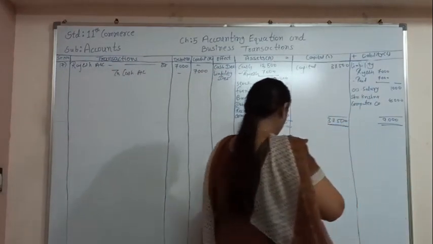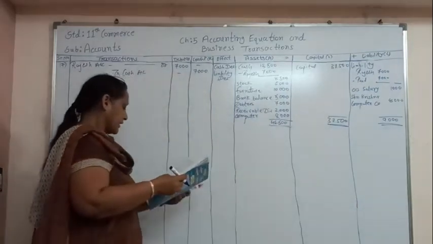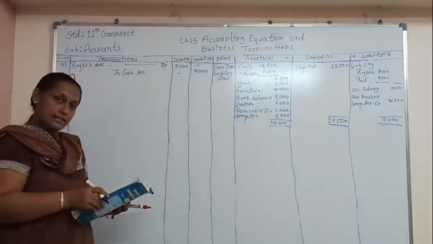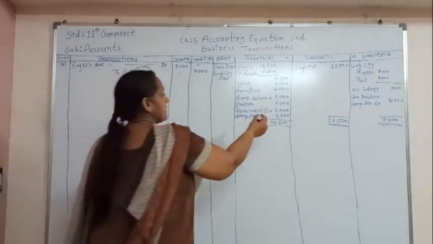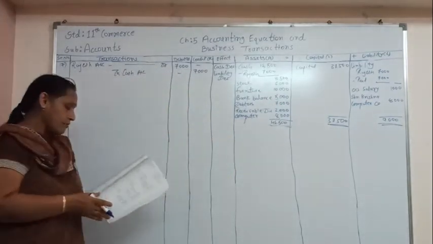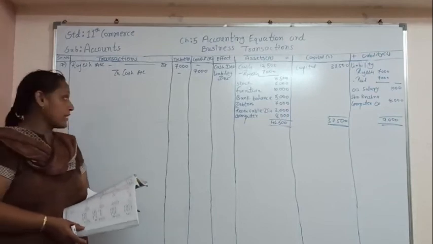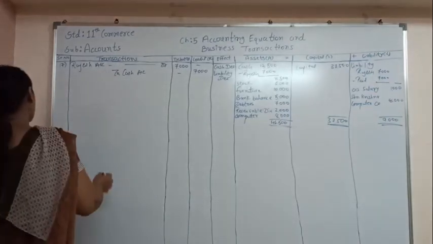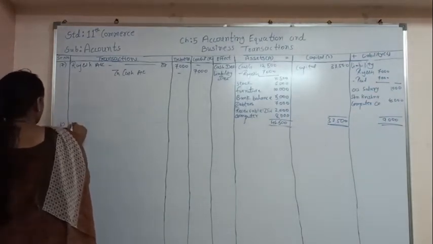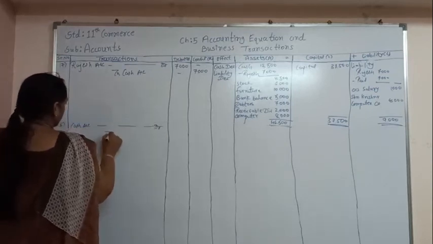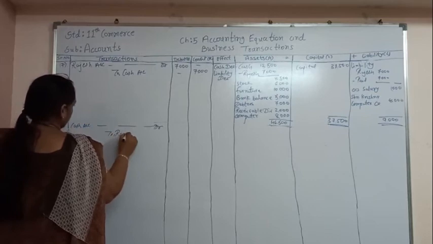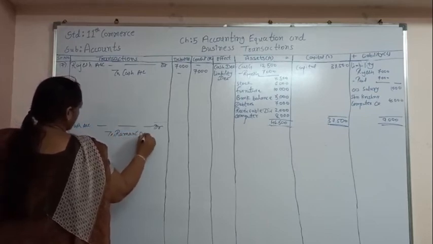So the next transaction is that Raman has settled his account. So Raman is supposed to pay us rupees 7,000, that he is going to pay. For that, cash is going to come. So cash account debit to Raman. That journal entry we are going to pass. Raman is our debtor.